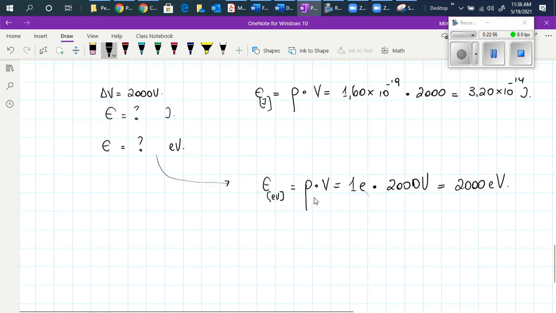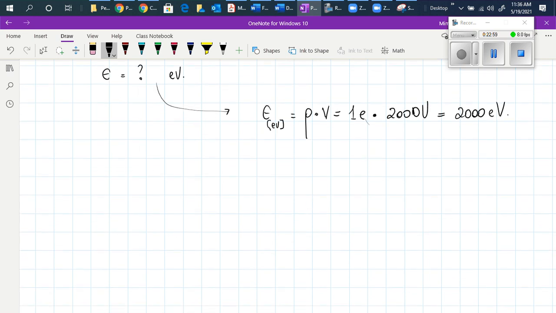So let's see another question in which we figure out the wavelength of the radiation when the energy is given in electron volts. If the energy is, let's say, 5.0 electron volts, what is the wavelength of the photon that carries this energy?